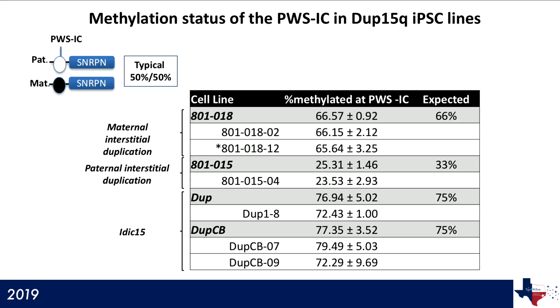And we see this with our maternal interstitial duplication line. Our paternal interstitial duplication line comes in at about 25% methylation, which is a little bit lower than the expected, but that is what it is. And then our IDIC-15 lines all come in about 75% methylation.